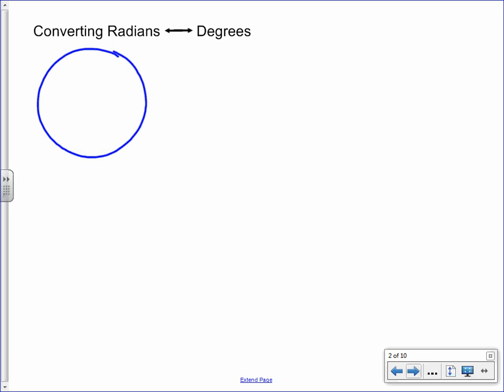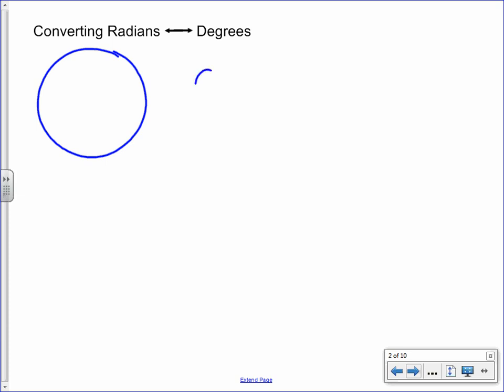How do we find the arc length of an entire circle? Pi d, or 2 r times pi, right?